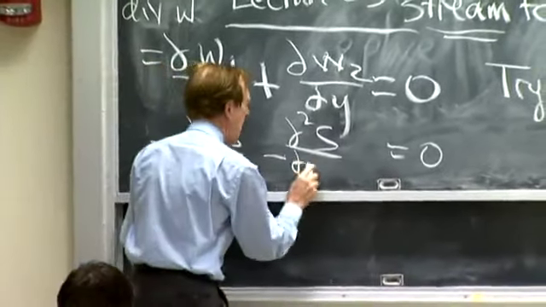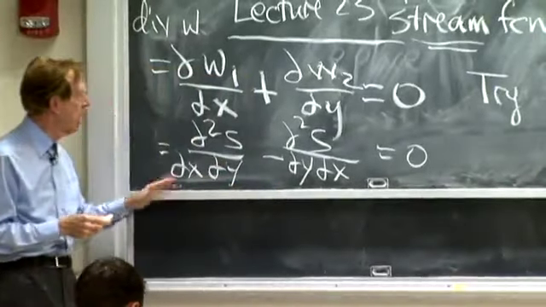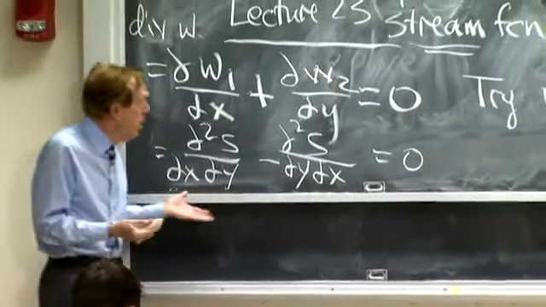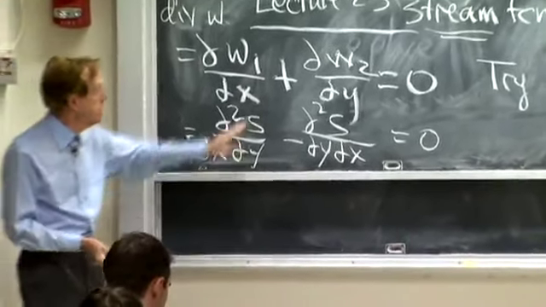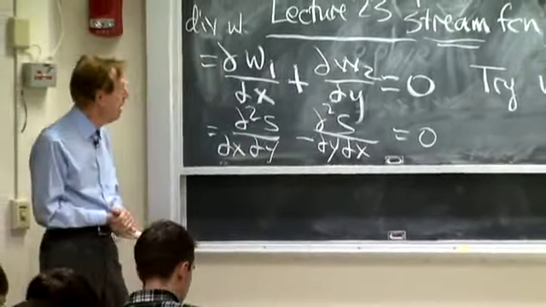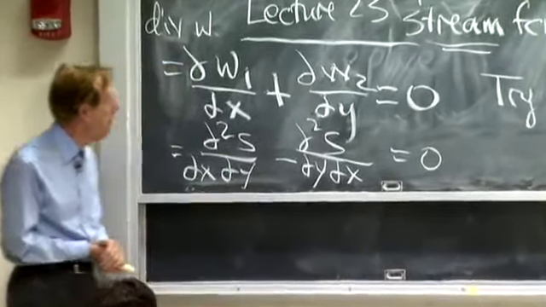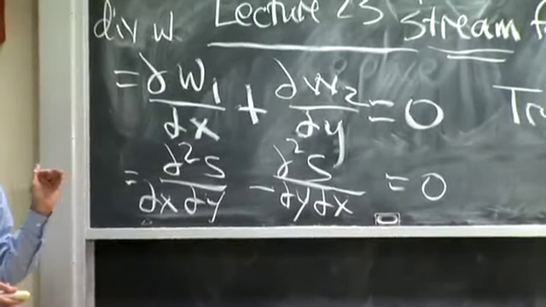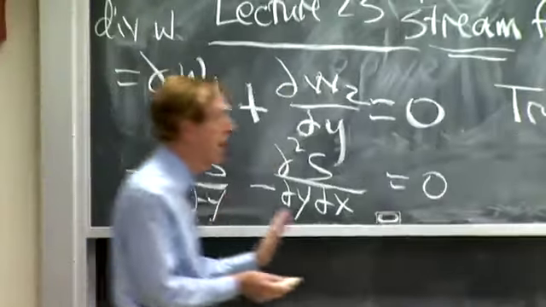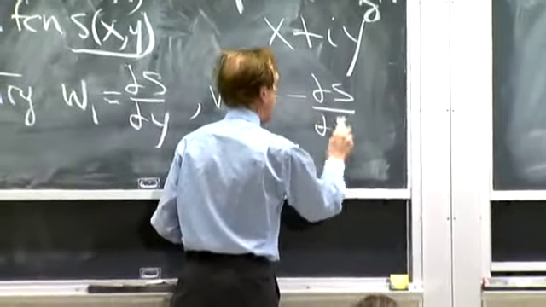I'm using the same very crucial fact that the cross derivative can be taken in either order. So what do I see for w2? Do you see what w2 is? This is supposed to match that. There's a minus sign. w2 is minus ds dx, right? Minus ds dx.